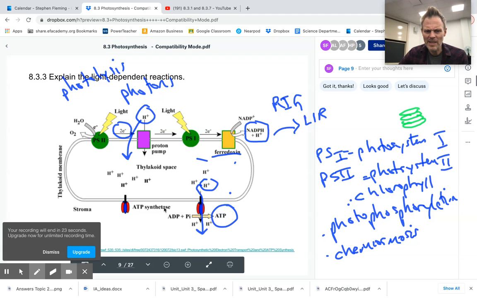I'm not sure why they have an E there. ATP synthase, and that is going to add an inorganic phosphate to ADP to create ATP. So ATP will also be used in the light-independent reaction. And remember, the movement of these protons through the ATP synthase is called chemiosmosis.